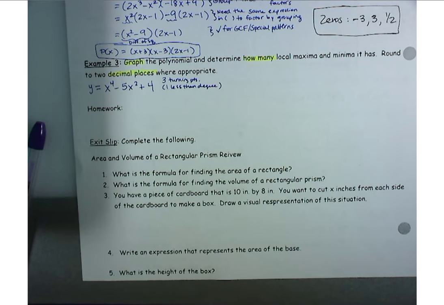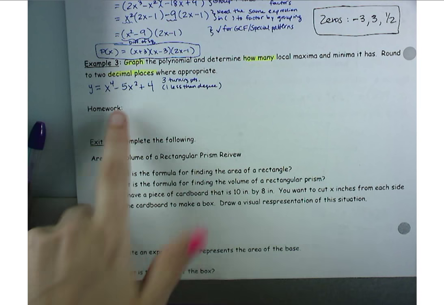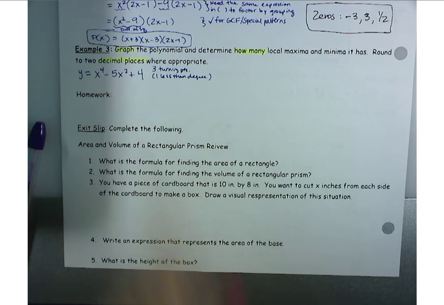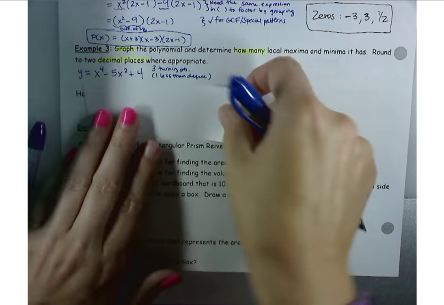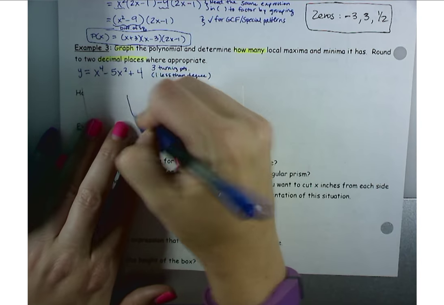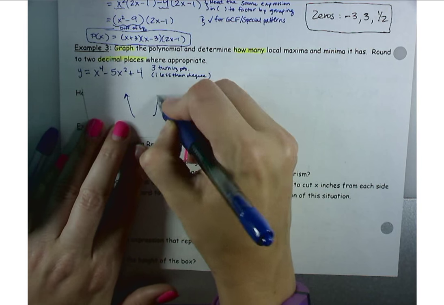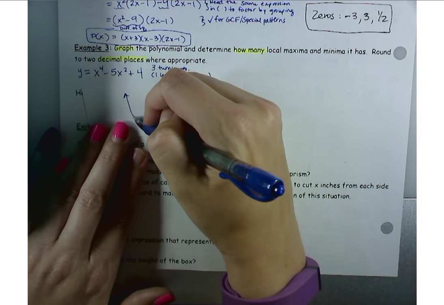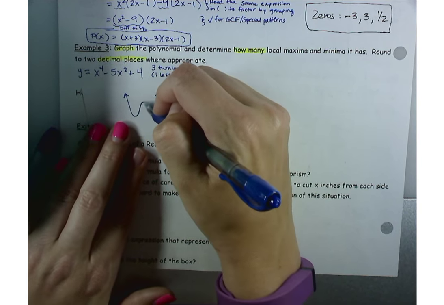So that means you either have 2 minima and 1 maxima, or you have 2 maxima and 1 minima. You can actually figure it out. If it's x to the 4th, what do I know about both ends of my graph? Yeah, they both have to go the same way, right? So it has to go up this way and up this way. Well, if it's going down, it's eventually going to have to come up somewhere, right?